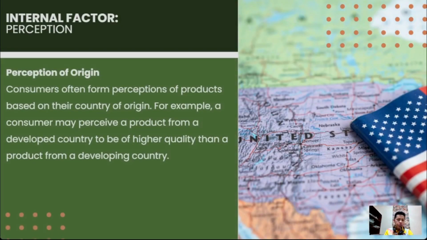The perception of origin. Consumers often form perceptions of a product based on its country of origin. For example, a consumer may perceive a product from a developed country to be of higher quality than a product from a developing country. Well, this is actually true. If it is made in the United States of America, then the perception will be that it is a good quality product.